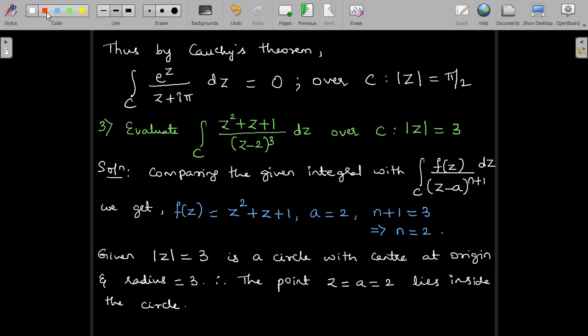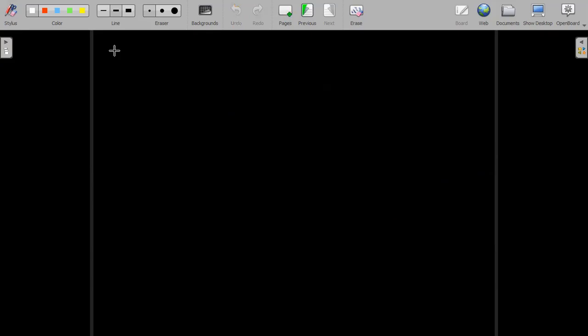So we can apply Cauchy's integral formula in the generalized case. First, let me write down the formula.